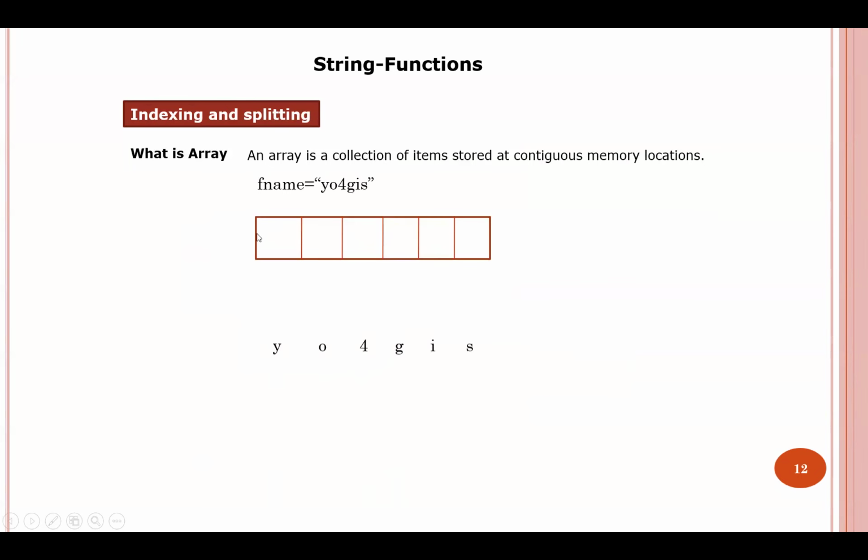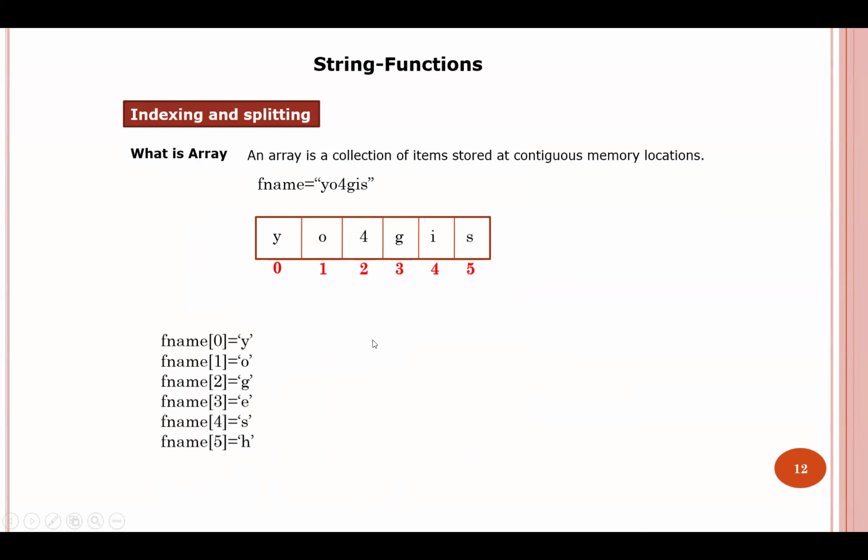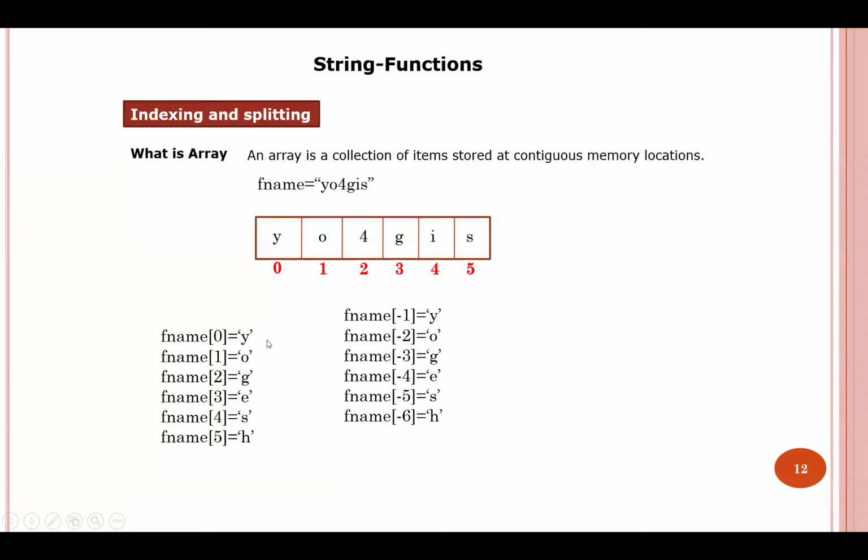Here, I think we need not discuss much because we already know this indexing part. This is the left to right forward indexing, starting with 0, and this is backward indexing.